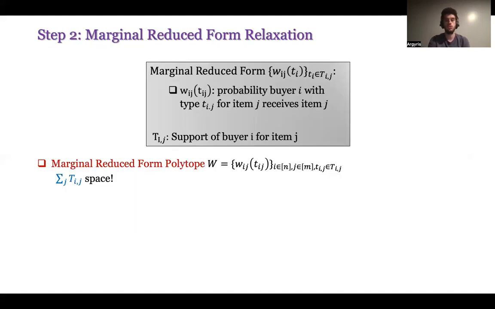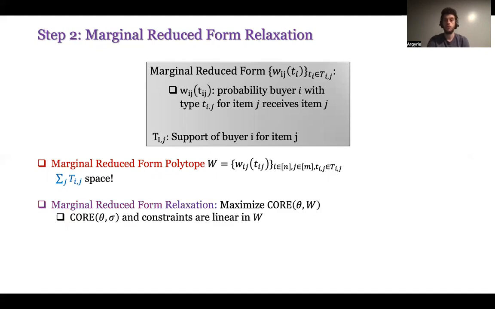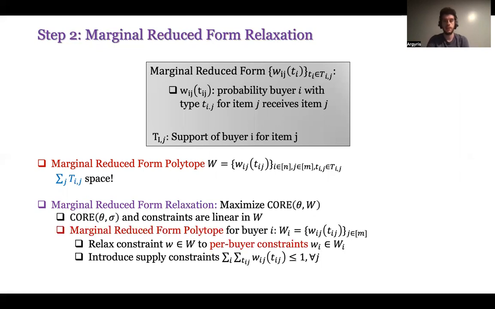We are now ready to introduce our marginal reduced form relaxation. We express core with respect to the marginal reduced form variables instead of the interim allocation, so we can succinctly search over mechanisms. Then, we relax the requirement for the marginal reduced form variables to be satisfied jointly.